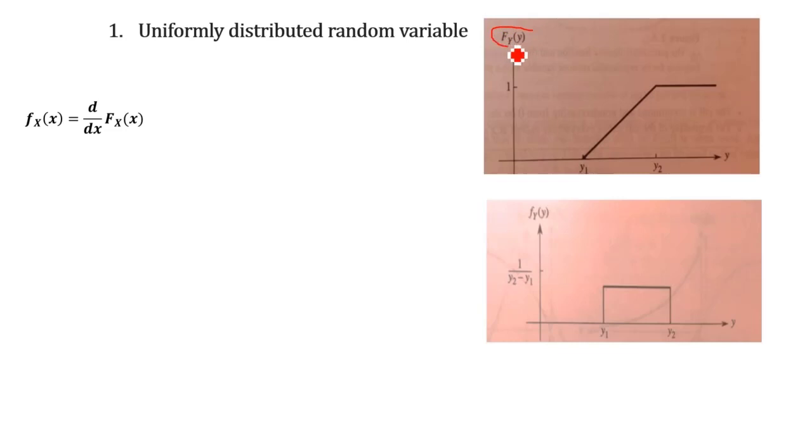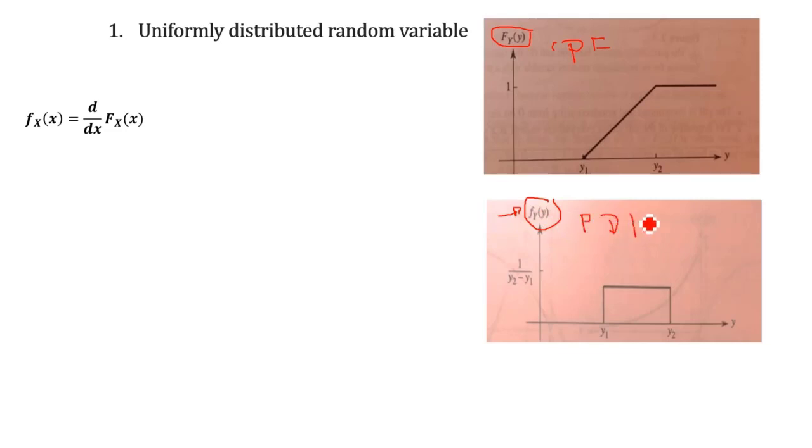Here it is Fy of y, and here fy of y. What is the difference? Capital F is nothing but a CDF, and the lowercase f is nothing but a PDF.